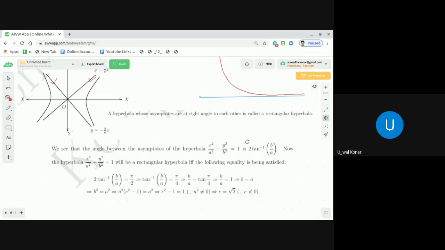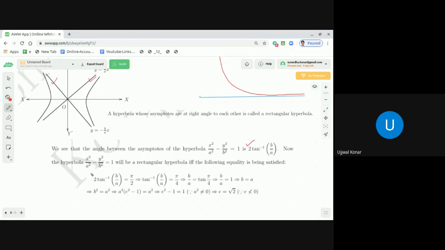So dear students, what I'm saying is that the angle between them is 2 tan inverse b by a. Now the hyperbola x square by a square minus y square by b square equal to 1 will be a rectangular hyperbola if and only if the angle between them is 90 degree. That means 2 tan inverse b by a should be equal to pi by 2. That means tan inverse of b by a should be equal to pi by 4.